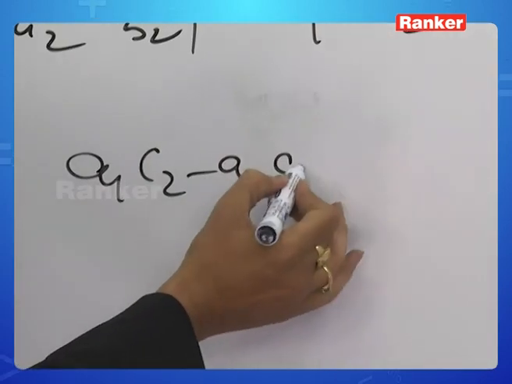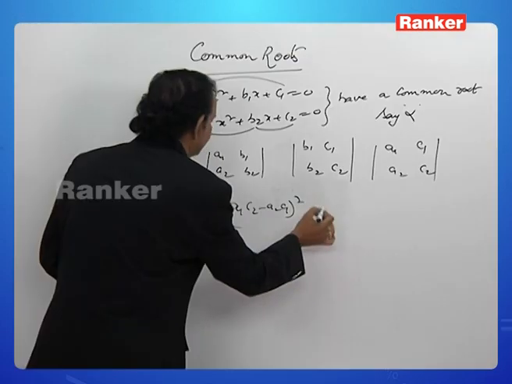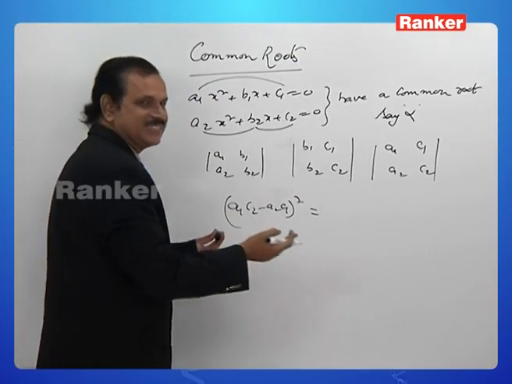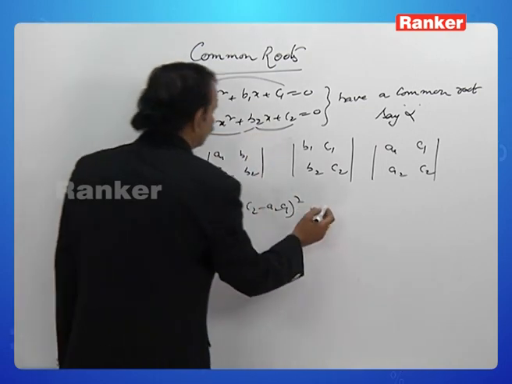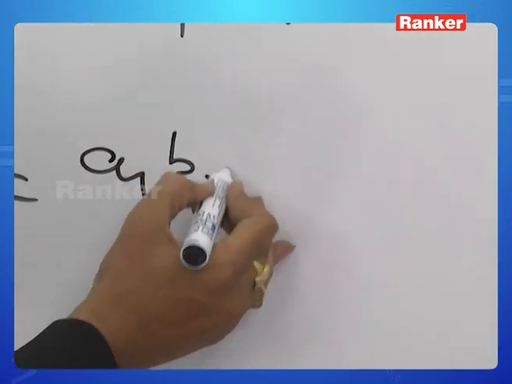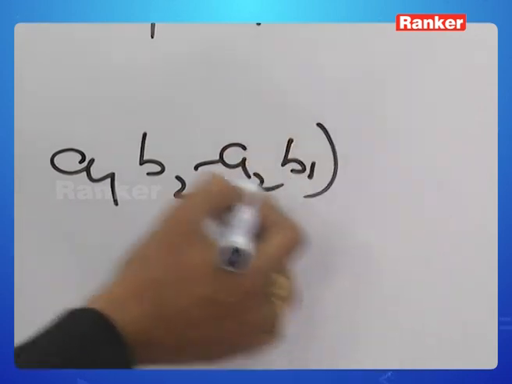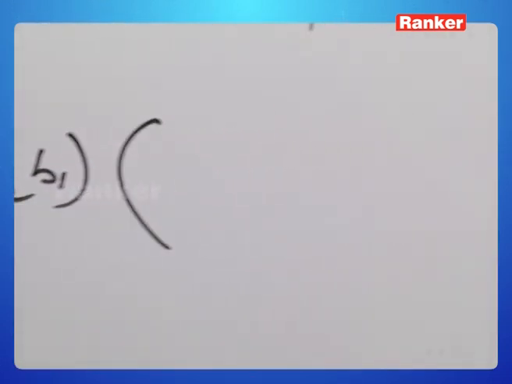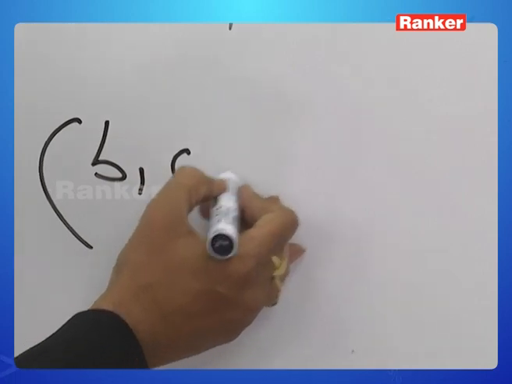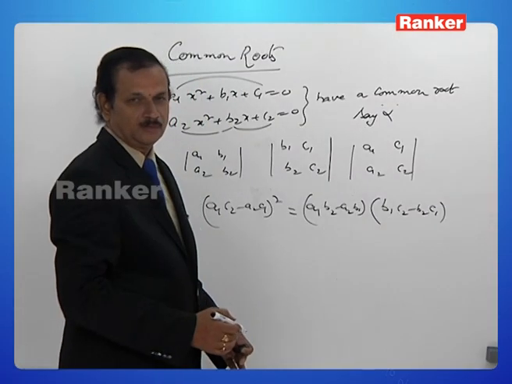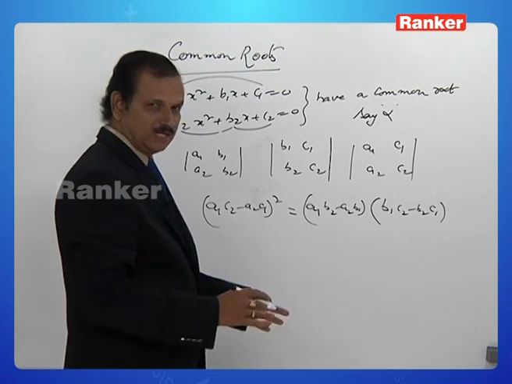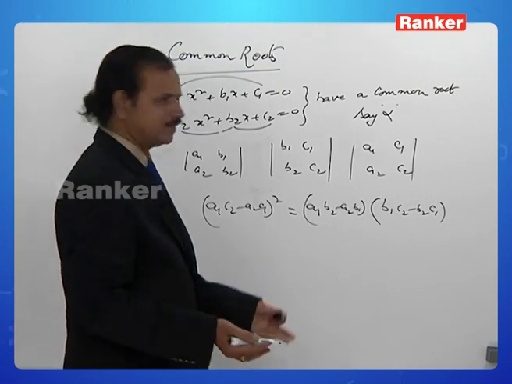A1C2 minus A2C1 whole square is equal to the product of adjacent determinants. This is one determinant, this is another: A1B2 minus A2B1 into B1C2 minus B2C1. That's all.